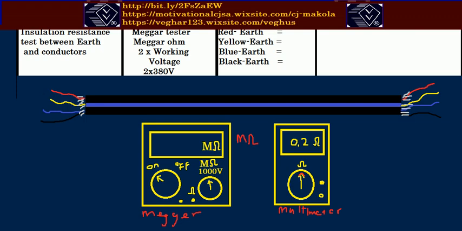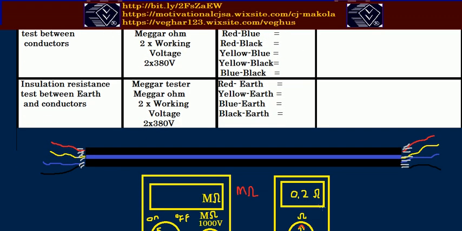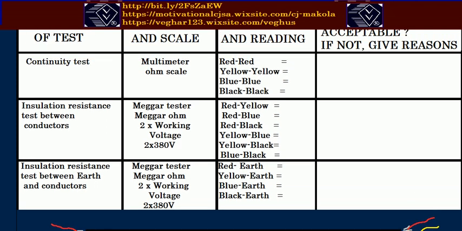We write the reading here. Let's say it's 0,2. We just write 0,2, and then write acceptable.